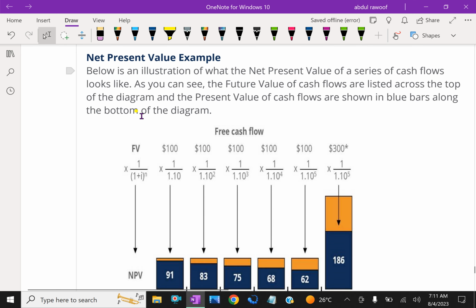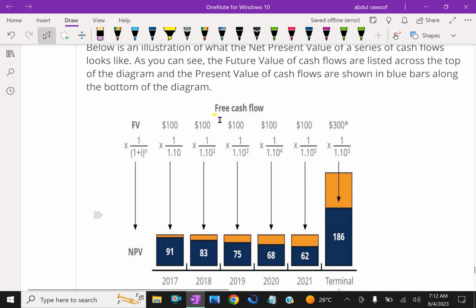Next, net present value example, NPV example. Below is an illustration of what the net present value, NPV, of a series of cash flows looks like. As you can see, the future values of the cash flows are listed across the top of the diagram, and the present values of the cash flows are shown as blue bars along the bottom of the diagram.